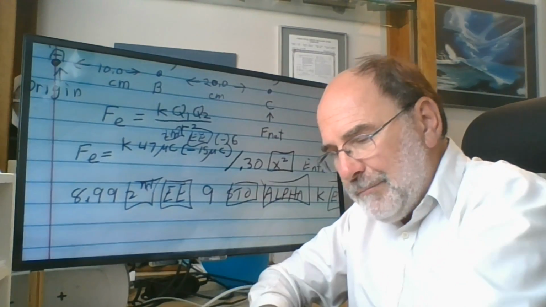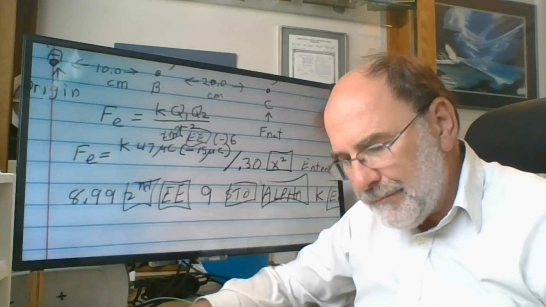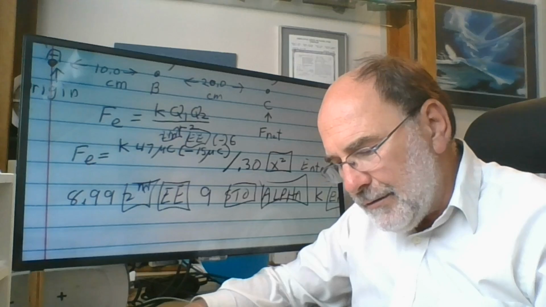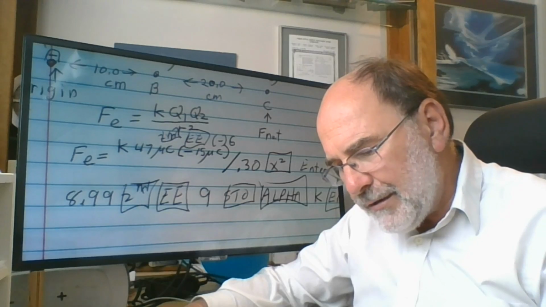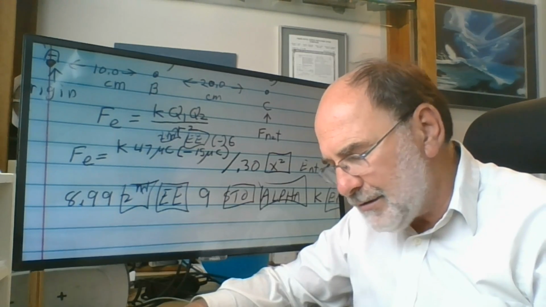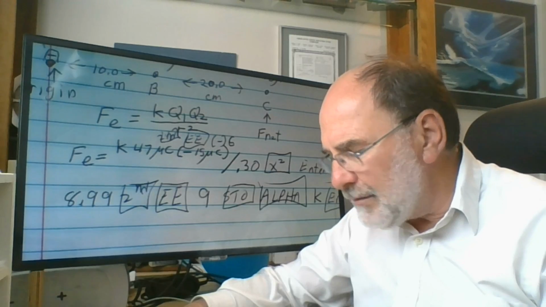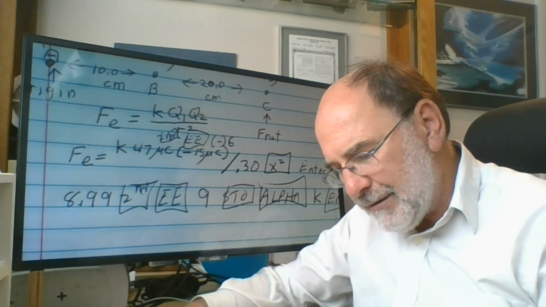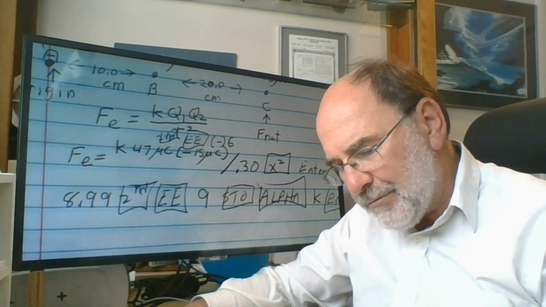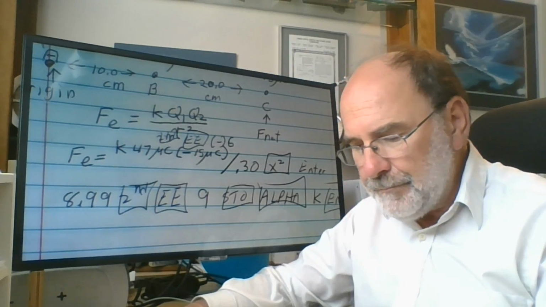So what I type in on my calculator, now that I've done that, is I turn it on and I go alpha K, 47 second EE minus 6 times exchange key 15 second EE minus 6 divide by 0.3 x squared, enter.